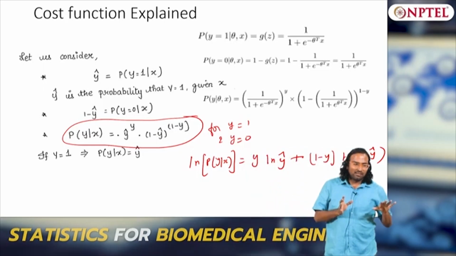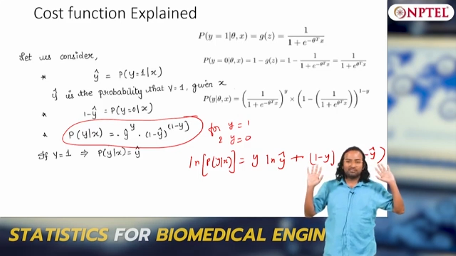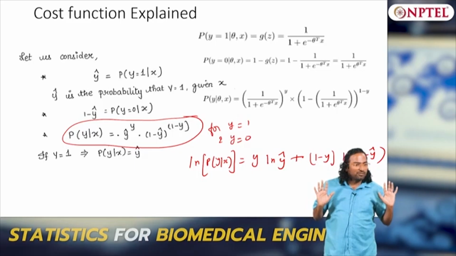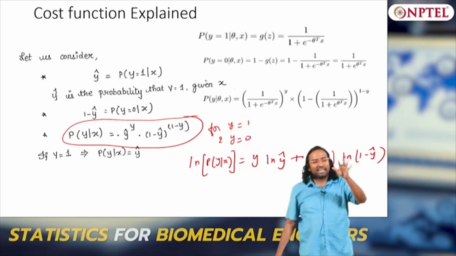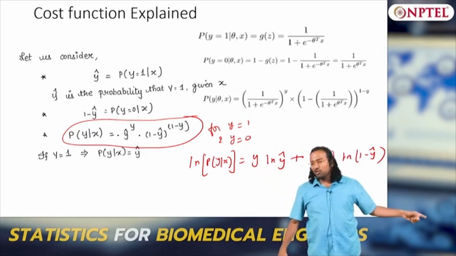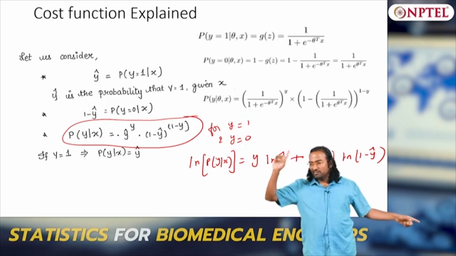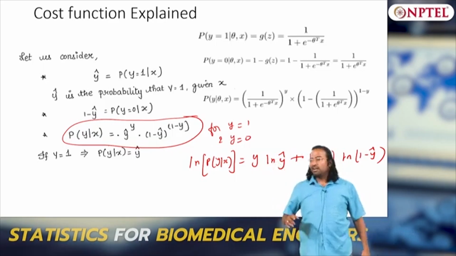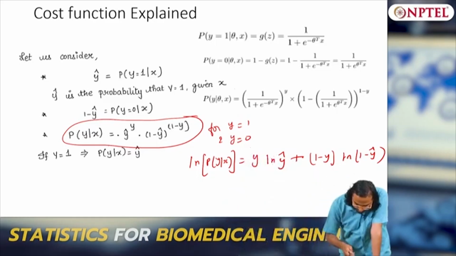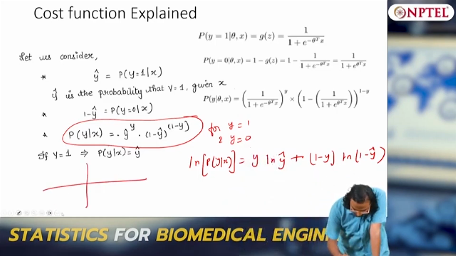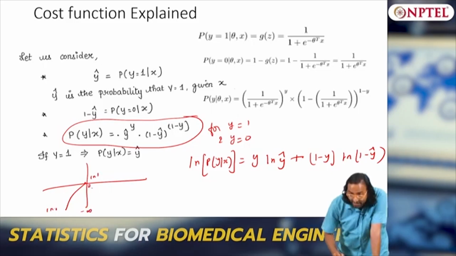Then I am going to take the negative of this. What is ln 0? In your range 0 to 1 the ln function is entirely negative. Ln 0 is minus infinity, ln 1 is 0, so in the range of 0 to 1 the entire ln function is negative, it is all on the negative axis.